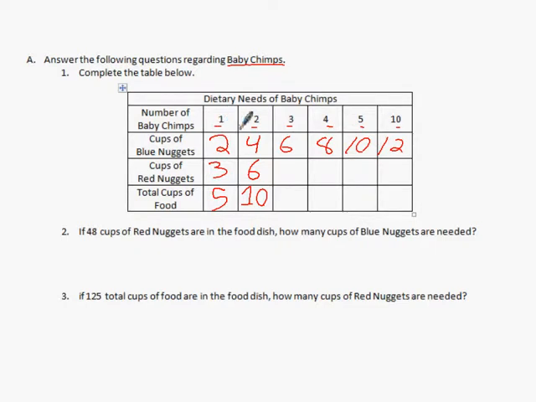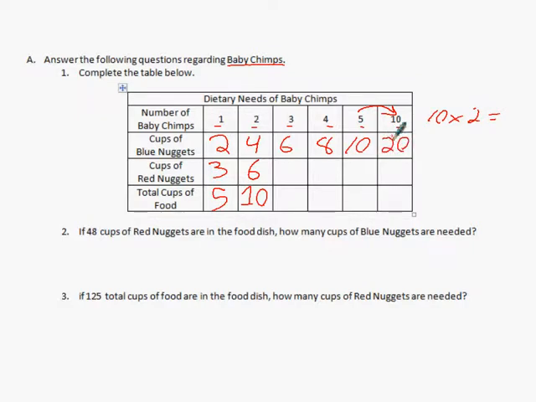The given pattern is 1, 2, 3, 4, 5, then 10, and the blue goes 2, 4, 6, 8, 10, but 5 jumps to 10. So we need to jump as well. Anytime your given pattern jumps, the rest of the patterns need to jump. If every chimp needs 2 cups of blue food and we have 10 chimps, then we have 10 times 2, so that equals 20.